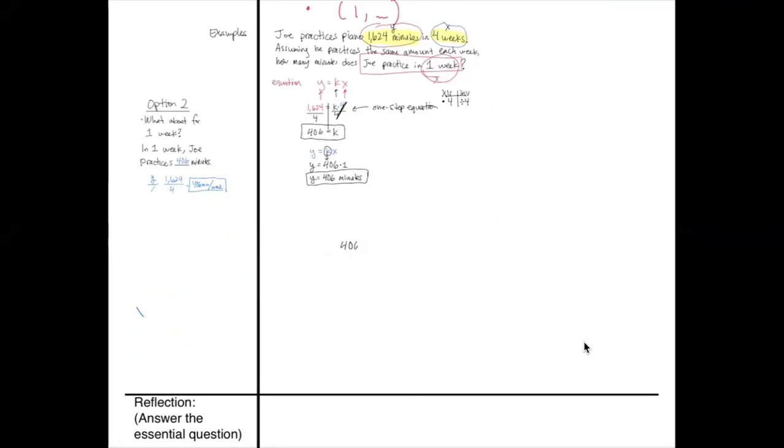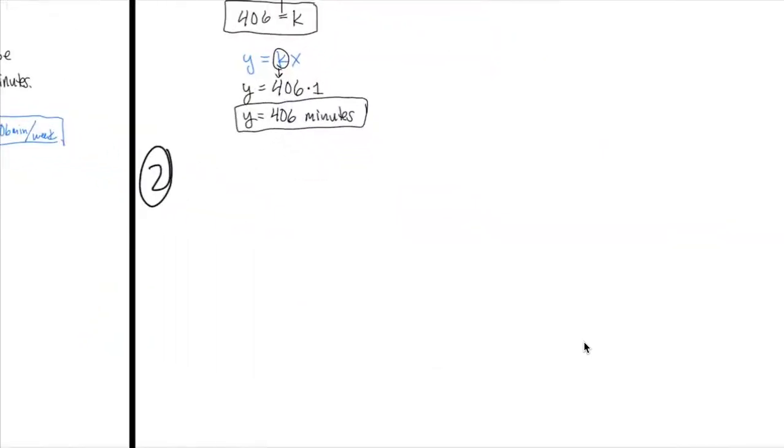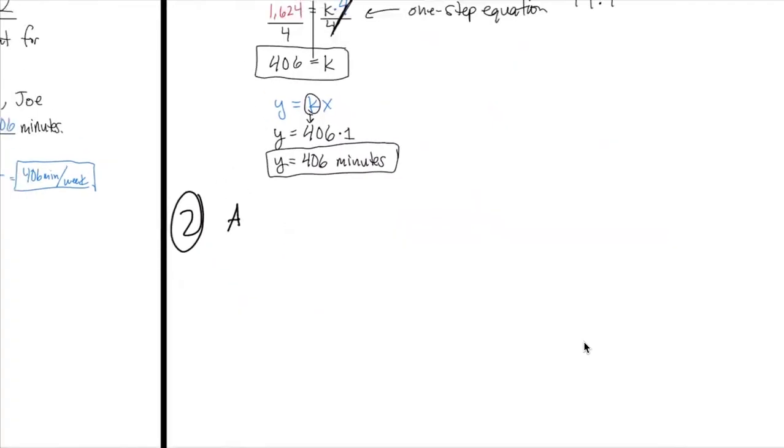All right, let's do number two. Sorry, that was number one. Number two. So now we looked at Joe. Now let's look at a candle. A 6-inch candle burns in 3 hours.